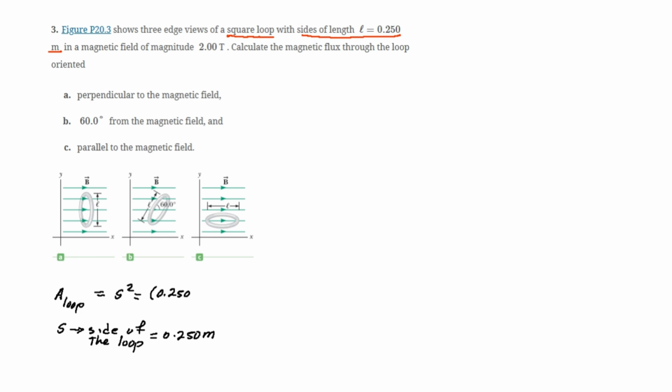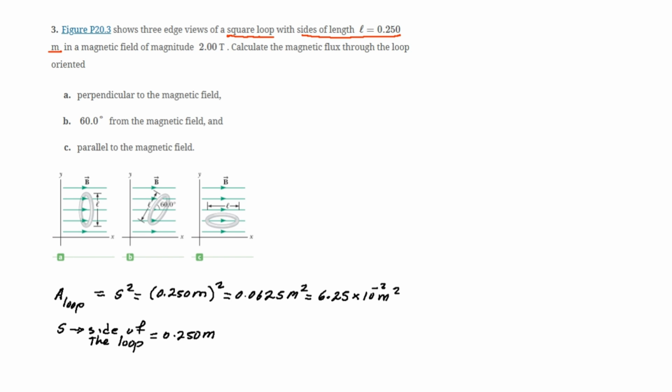When you calculate that, you will get 0.0625 meters squared, which is the same as 6.25 times 10 to the negative 2 meters squared in scientific notation.